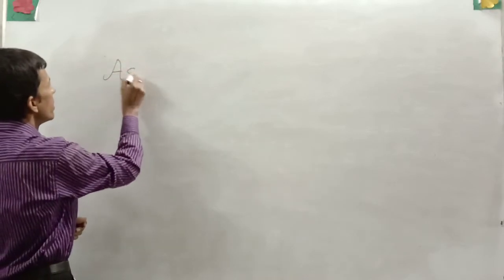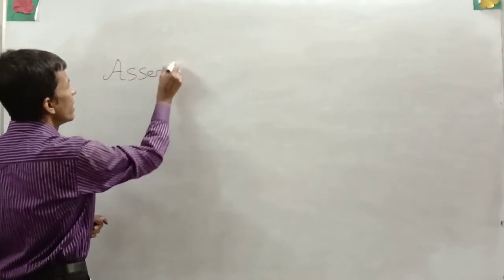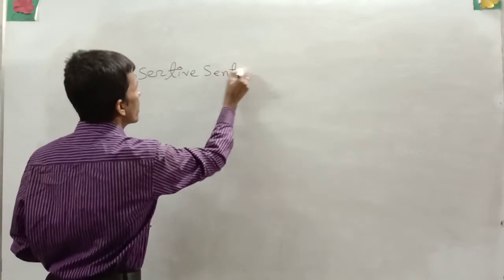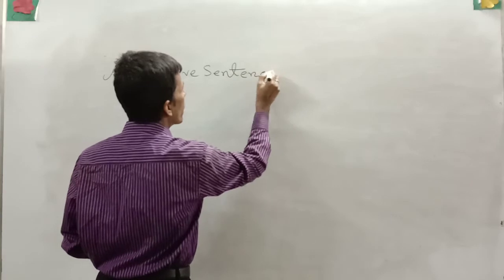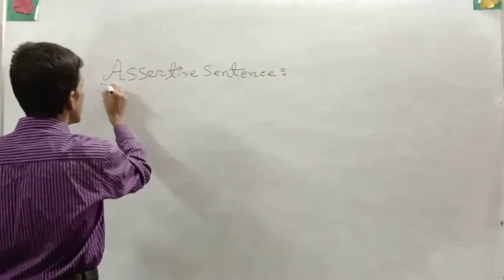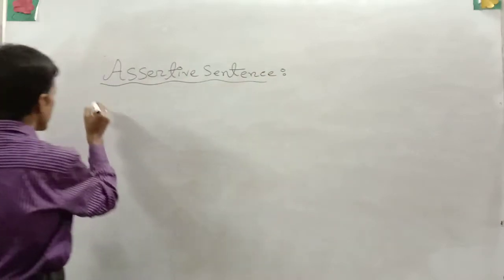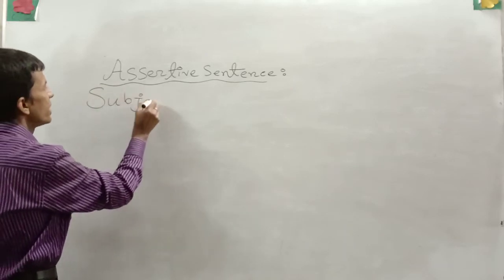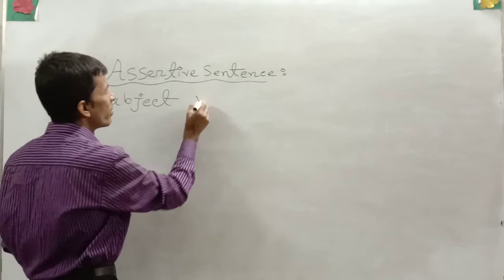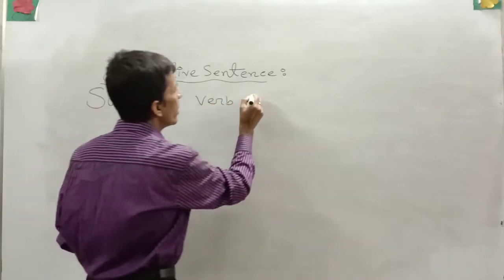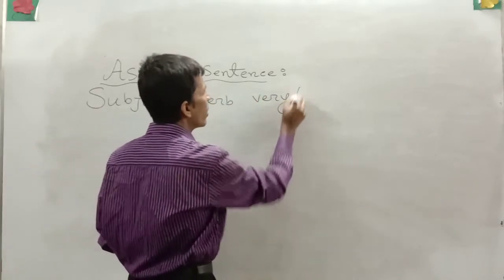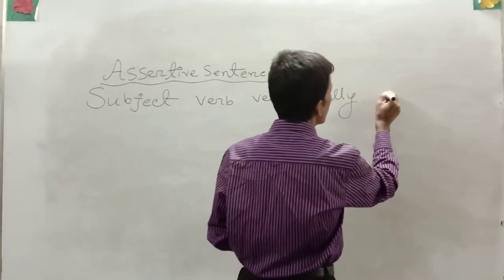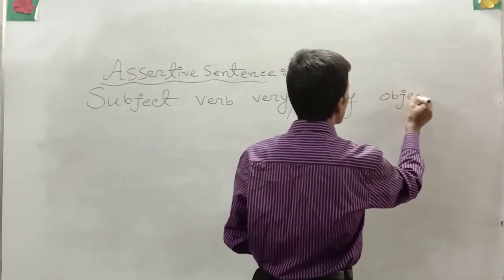First of all, I am writing here the structure of assertive sentence: subject, verb, very or really, then object.